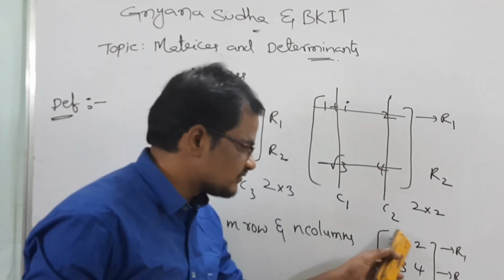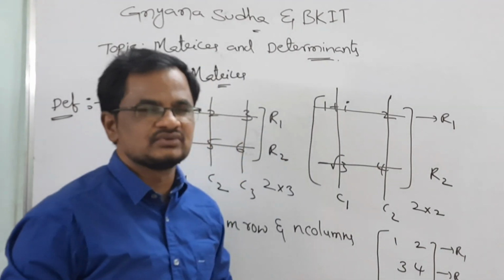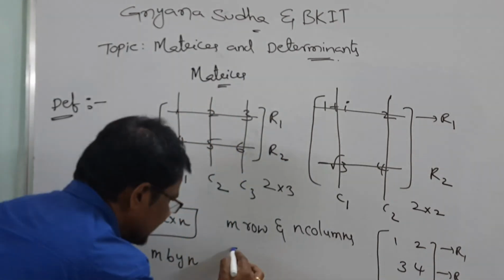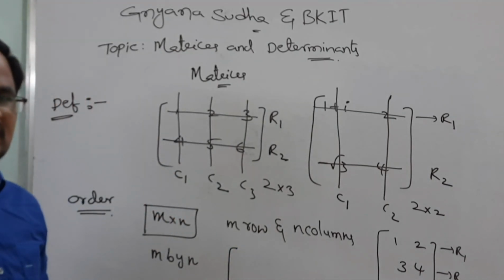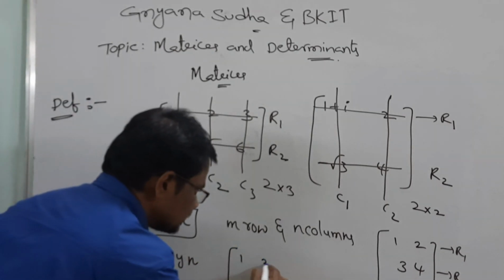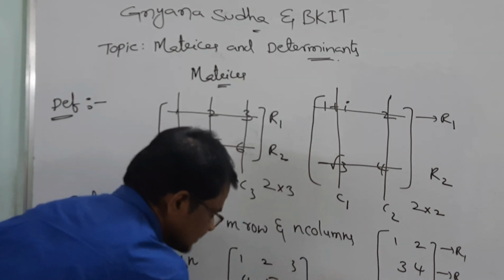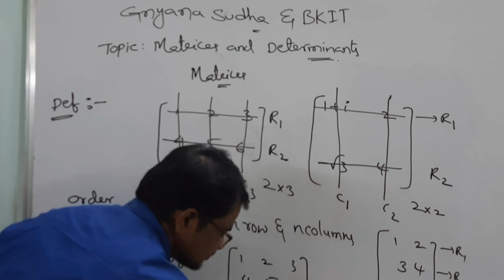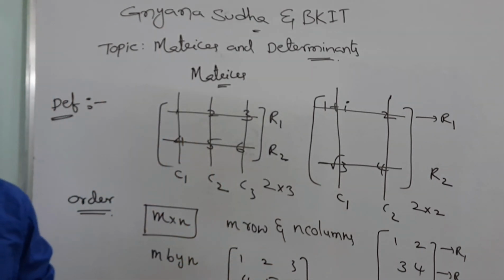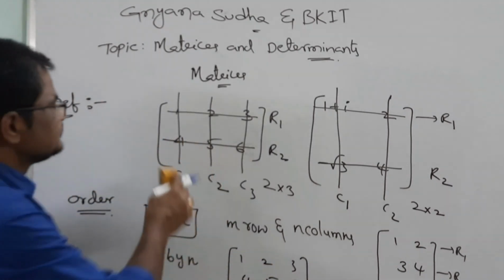So the order of the matrix is what? 3 by 2. And if you take one more example, 1 2 3 4 5 6 7 8 9, so 3 rows, 3 columns. So the order of this matrix is 3 by 3, right?